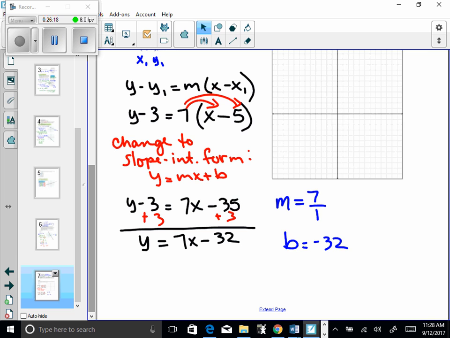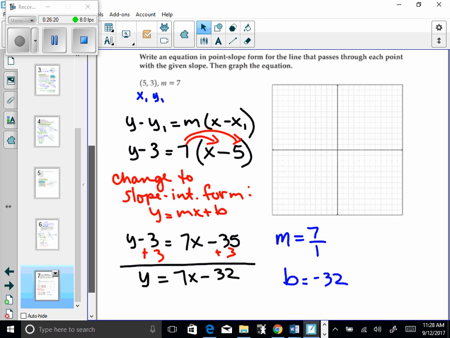Now, if I go and use the intercept and the slope to graph this, you can see that I don't have negative 32 on there. So I need to determine about where I want to put my graph. And I'm just going to count the little boxes here. I've got 2, 4, 6, 8, 10, 12.